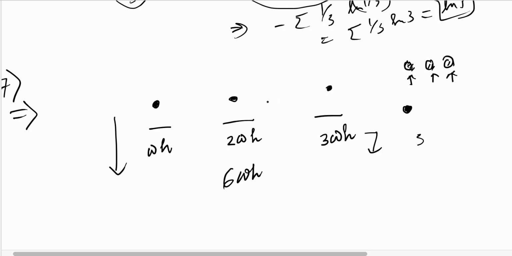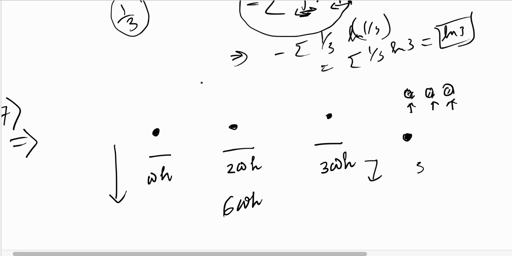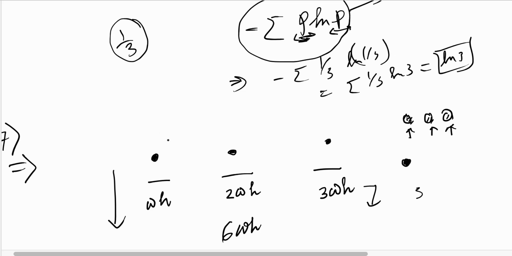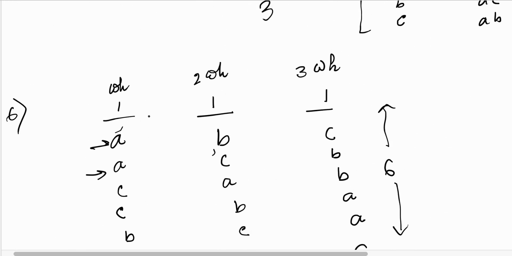Why is it so? Because here, by looking into them, there is an uncertainty about which individuals are where, right? Here, since they are distinguishable, the information is there, but I don't know it.